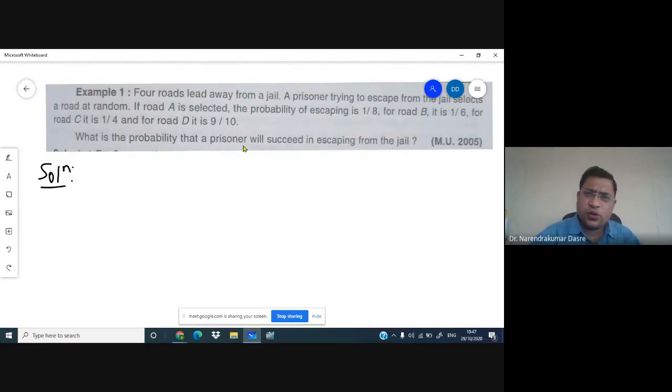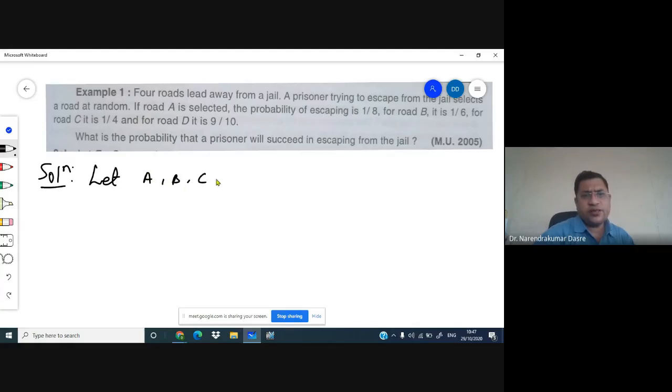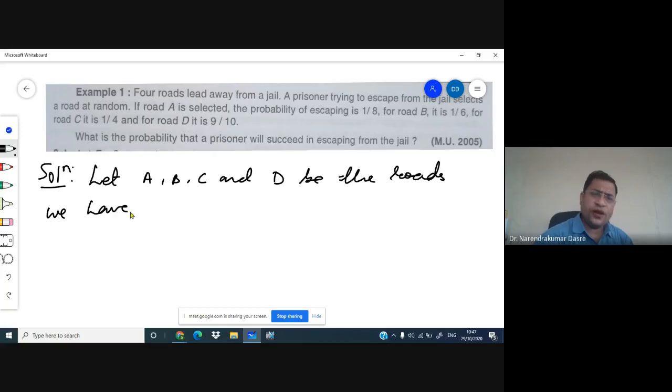So here the roads are the partition, and the successful escape is the event. Let A, B, C, and D be the roads. So we have four roads. If this prisoner has to escape, then he has to choose any one of these roads.